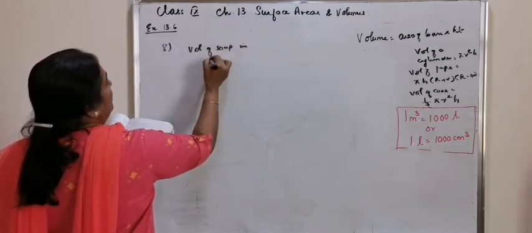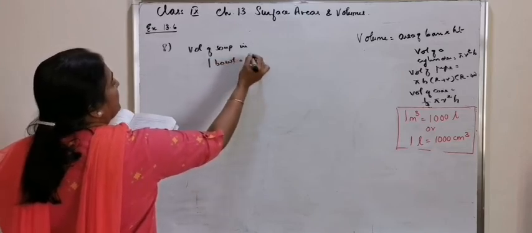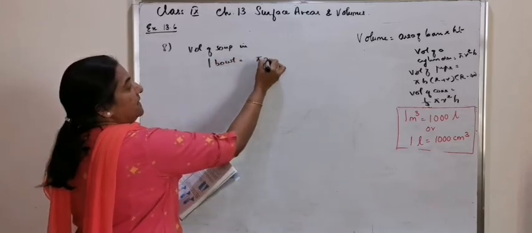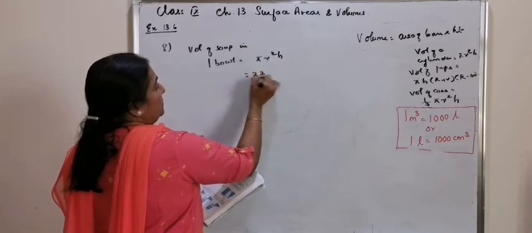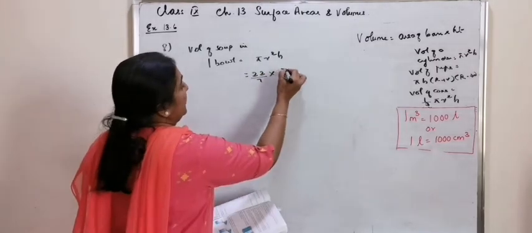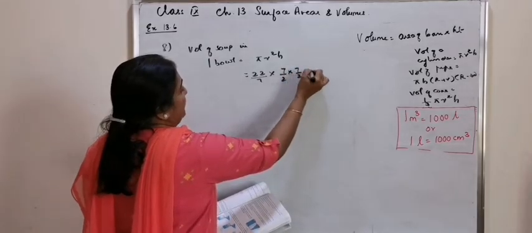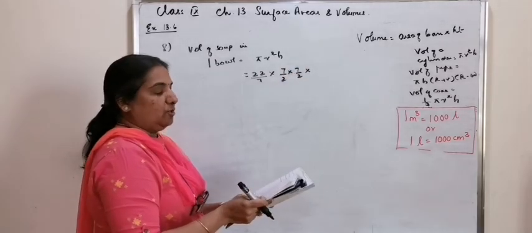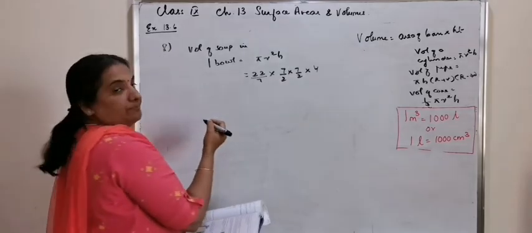Volume of soup in one bowl is equal to, the formula is pi r square h, which is equal to 22 by 7 into, diameter is 7, so radius is 7 by 2, 7 by 2 into a height of 4 centimeter.